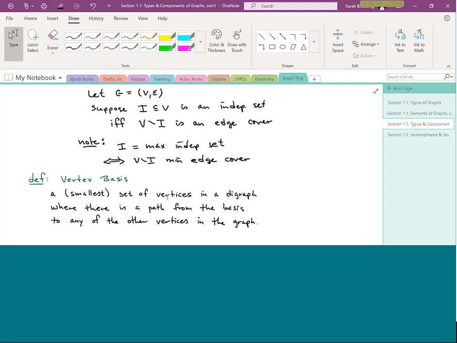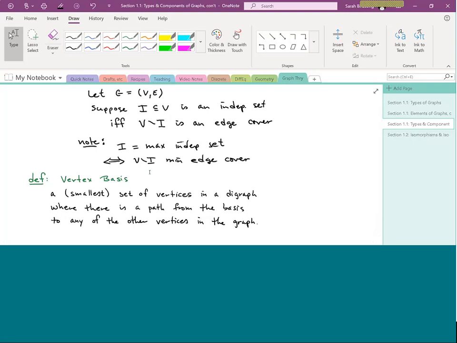Set subtraction literally says you remove all of the elements from the set I from set V. So V is all vertices. You can literally describe this as take all of your vertices and remove all of the vertices that were in your independent set. So set subtraction is essentially kicking people out of the set, if that helps.